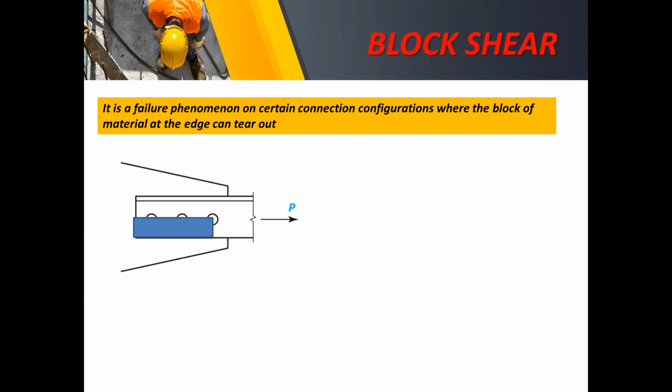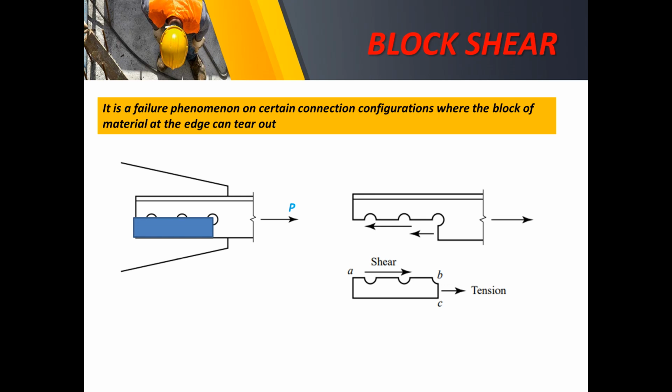So this is what we call the shear block. In that manner, that shear block will tend to tear out. Hence, if we isolate the free body diagram of that block, we will have two stresses on it, namely the shear and the tension.